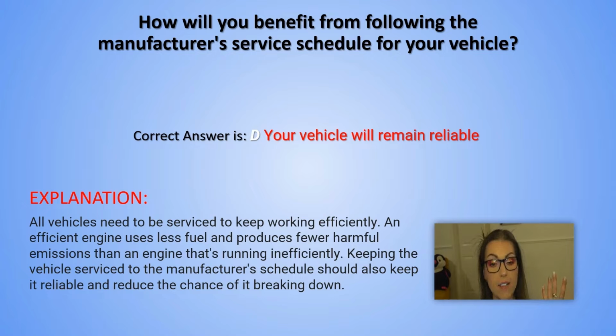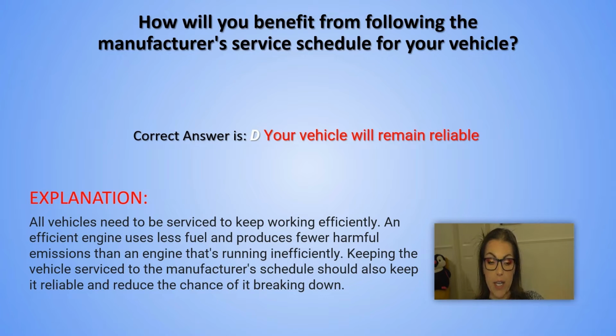All vehicles need to be serviced to keep working efficiently. An efficient engine uses less fuel and produces fewer harmful emissions than an engine that's running inefficiently. Keeping the vehicle serviced to the manufacturer's schedule should also keep it reliable and reduce the chance of it breaking down.